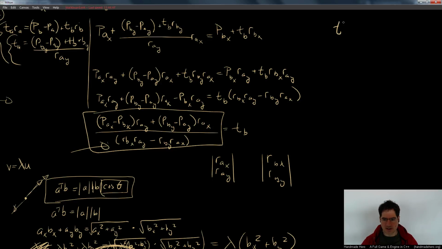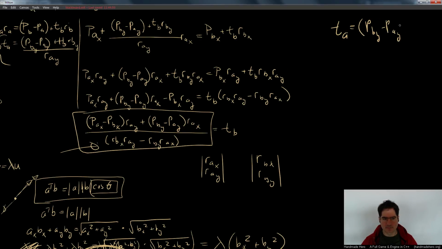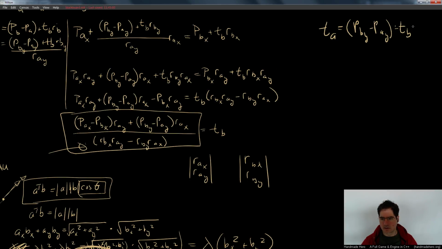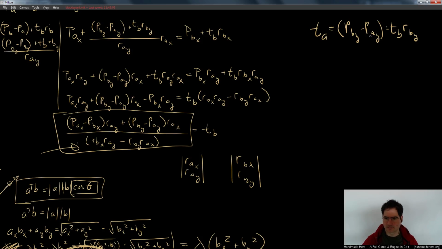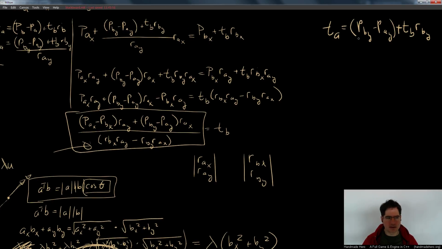So we've got TA equals PBY minus PAY plus TB RBY. I wonder why that drawing doesn't work super well. Like that plus didn't come out at all. TA equals PBY minus PAY plus TB RBY, right? Over RAY.